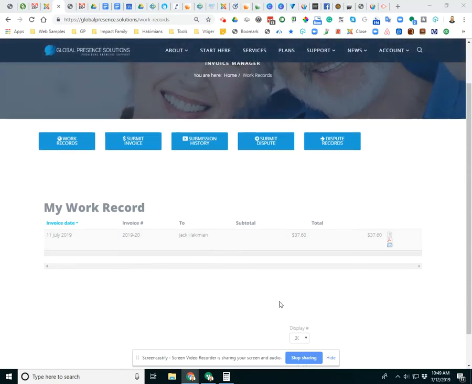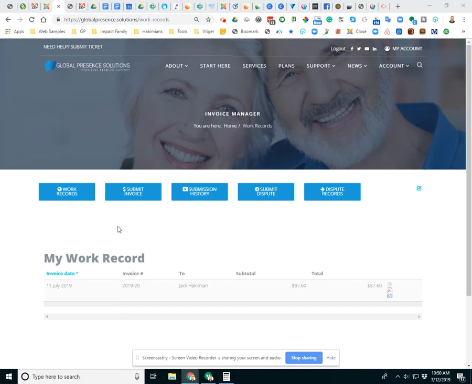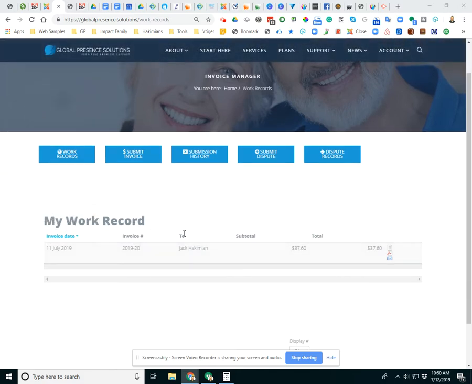All right, this is a tutorial on how to submit your work records. And this is, of course, purely fictitious. But let's say you get your email saying to submit your invoice. As you know, the IRS requires independent contractors to submit invoices in order to get paid.